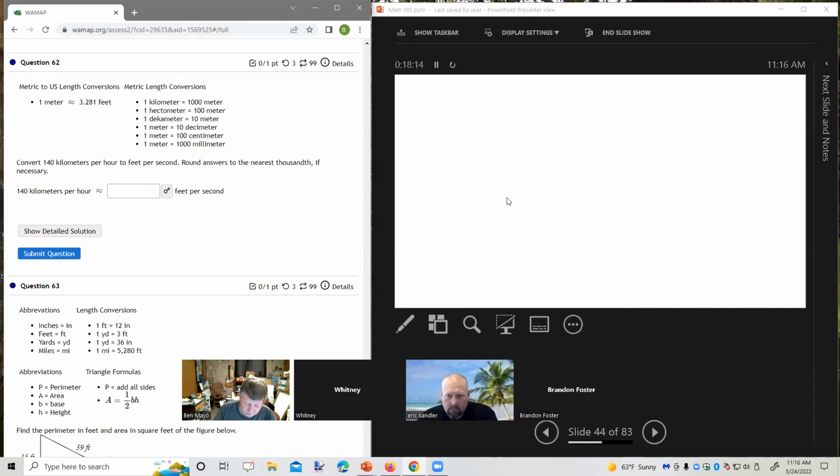62. Let's see, we want to convert kilometers per hour to feet per second. 140 kilometers per hour to feet per second. So I need to go from kilometers to meters, and then to feet.